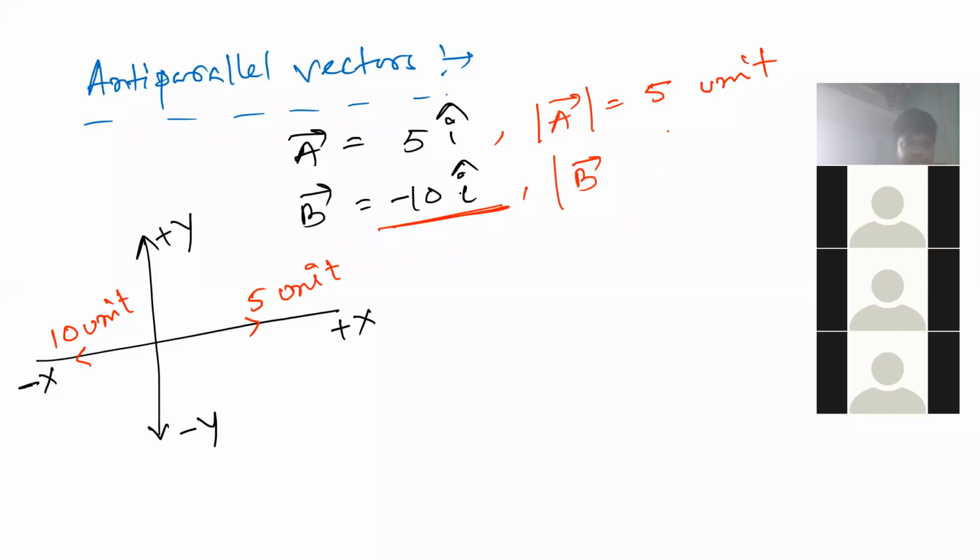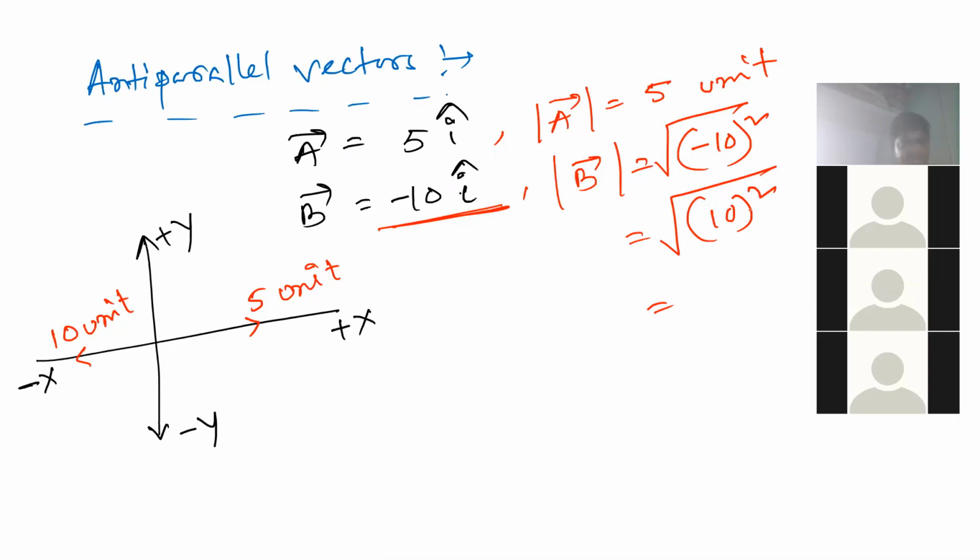So the magnitude of A vector equals 5 unit, and the magnitude of B vector equals the square root of minus 10 whole squared. So it becomes the square root of plus 10 whole squared. The root and the square cancel out, so I get only 10 unit. In this case I can't use meter, centimeter and so on, so I'm writing only 10 unit, 5 unit.